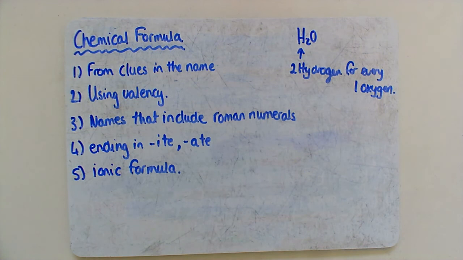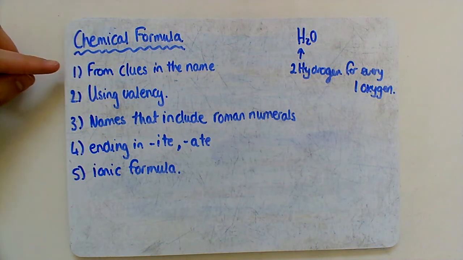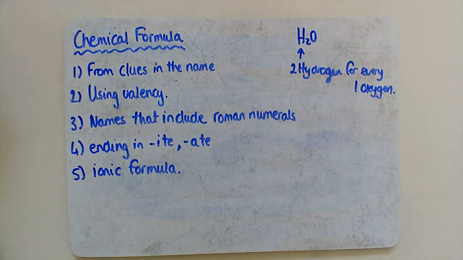So this set of videos is going to be about writing chemical formula. Specifically, in this video, we're going to be looking at the first 3 types. Firstly, chemical formula that have clues in the name that allow you to just write the formula without having to look up the periodic table, apart from maybe to find the symbols.